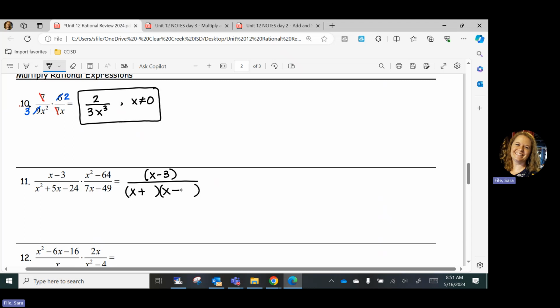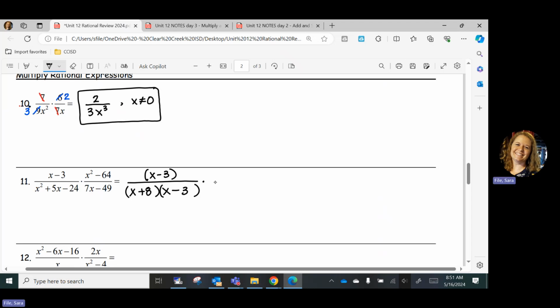So factors of 24 whose difference is 5. What multiplies to 24? 8 and 3. Good. So +8 and -3.